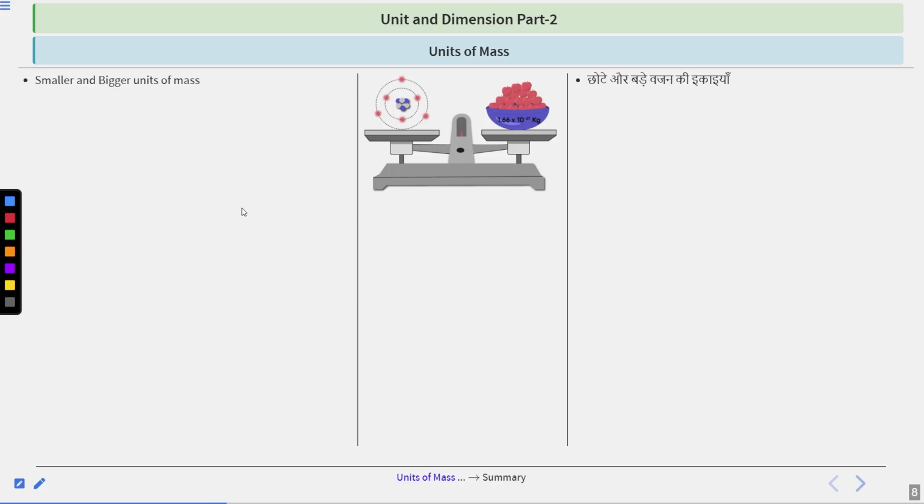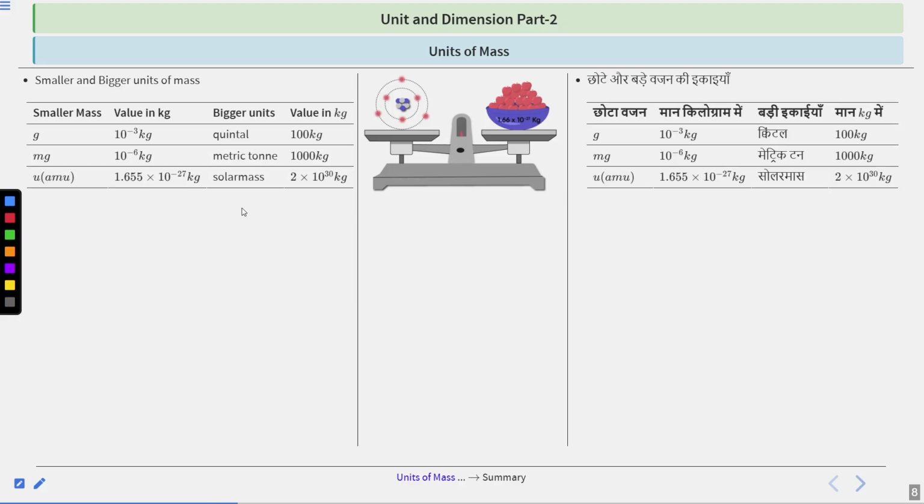Smaller and bigger units of mass, if we consider them, here we have the result. Smaller units, the value in kg: gram, 10 power minus 3 kg; milligram, 10 power minus 6 kg; then atomic mass unit, 1.655 into 10 power minus 27 kg.